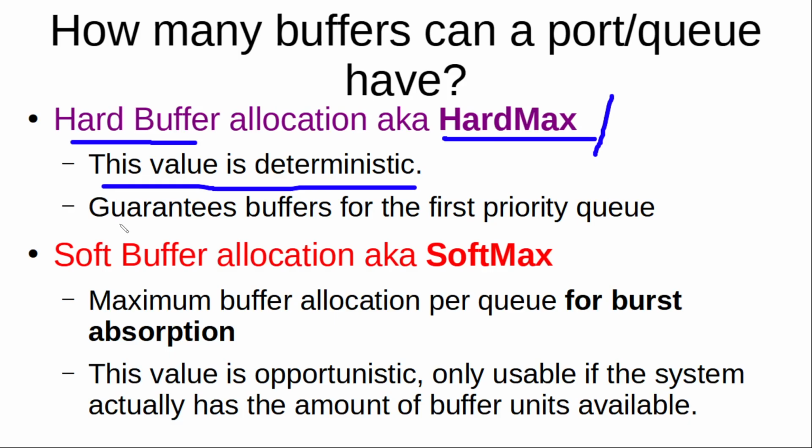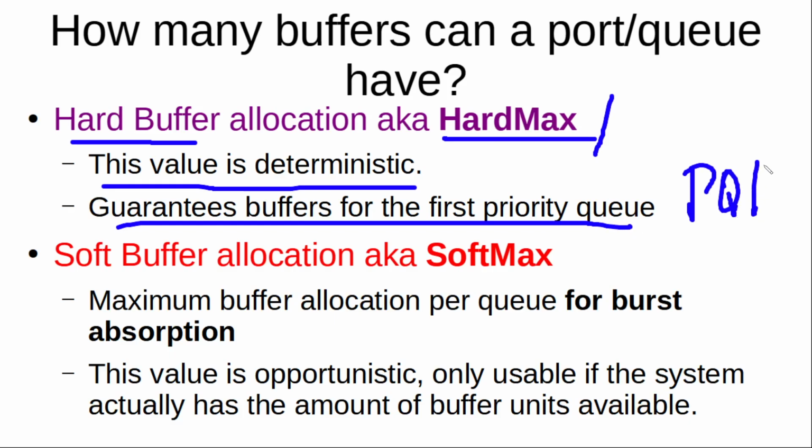The port will always have this amount of buffers. DTS will never take those buffers away from a port, because these buffers are always allocated to a port. So these buffers will guarantee that there are existing buffers for the priority queue number 1.